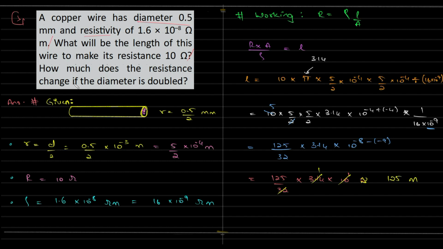How much does the resistance change if the diameter is doubled? Now, what they're telling is, if the resistance of the old one is say rho L by A, wherein you have area of cross section to be pi r square. If we happen to have a case wherein the diameter is doubled, the radius will be doubled too.